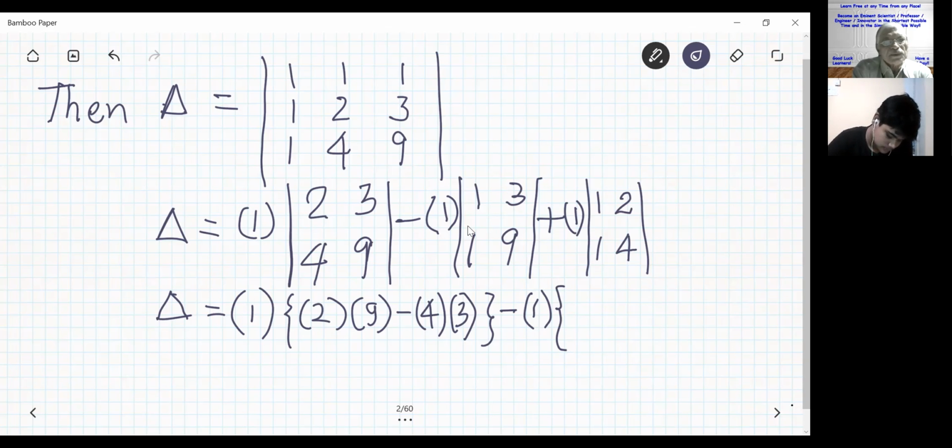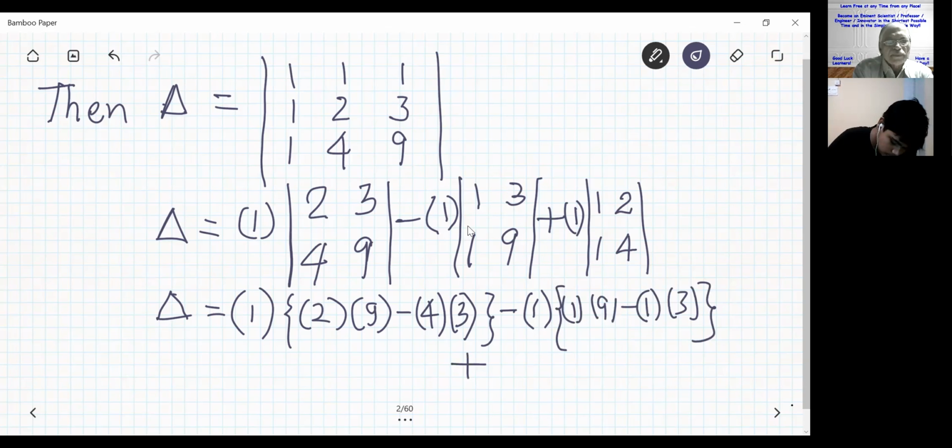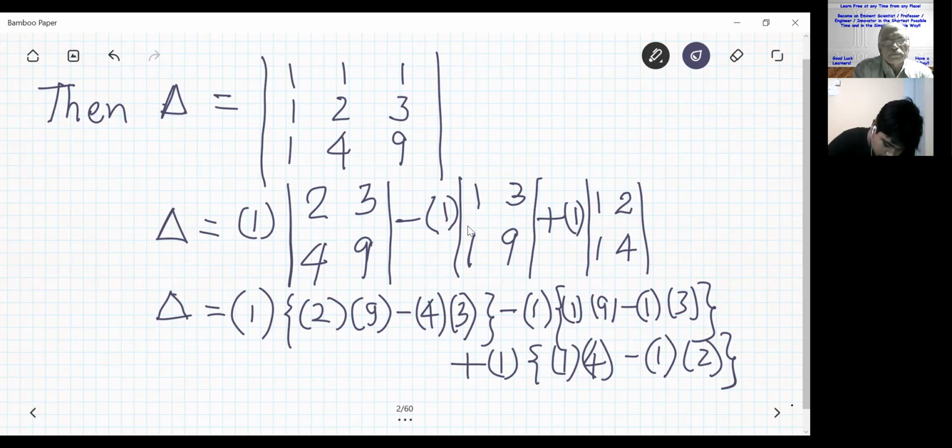So this is minus 1 into 9, minus 1 into 3. 1 into 9, 1 into 3. Then there is a plus sign. 1 9s are 9. 1 into 9 minus 3, 6. So again the answer is 6. 1 into 4, 1 into 2.